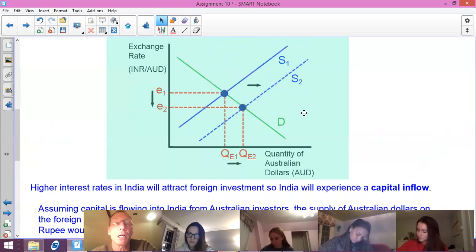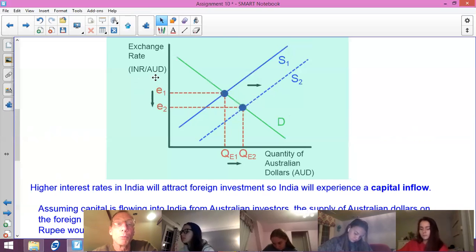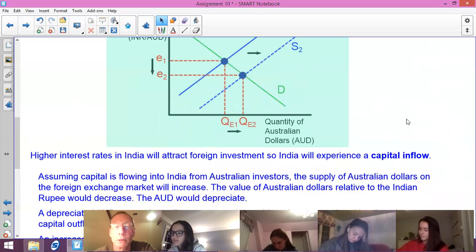Whatever the exchange rate is, let's just say, for the sake of argument, that before this happens, 20 rupees buys $1. When you see a shift like this, and the value of the Australian dollar goes down, then instead of 20 rupees per dollar, it might be only 15 or 18 rupees per dollar, right?